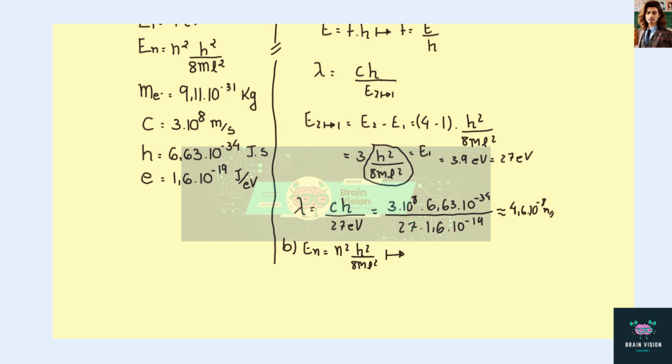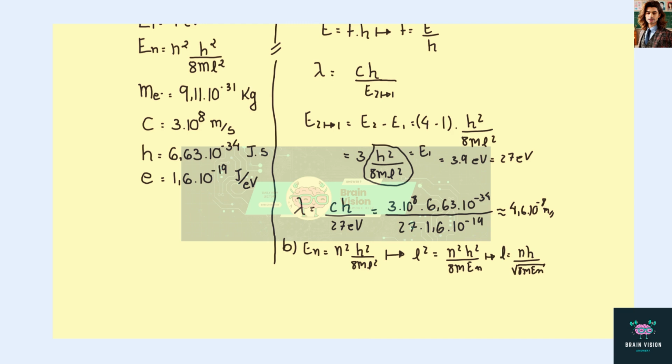Then we can send the L to the other side. So we get L squared is equal to n squared h squared divided by 8m En. And finally, L is equal to n h divided by the square root of 8m En.